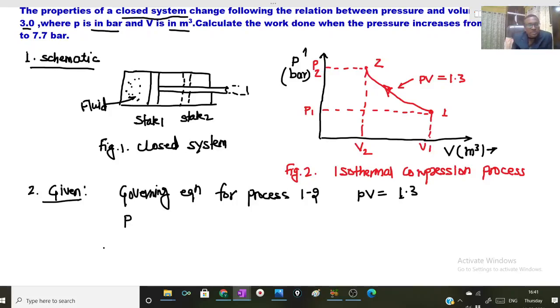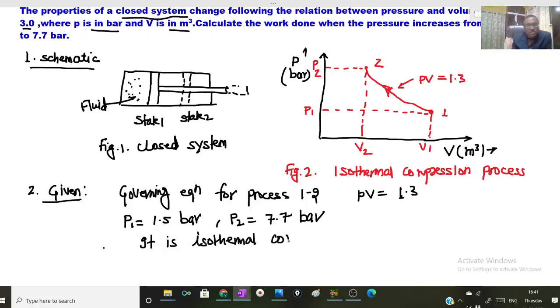Then initial pressure P1 is given as 1.5 bar and final pressure P2 is given as 7.7 bar. Okay. Now I can also say it is an isothermal compression process.